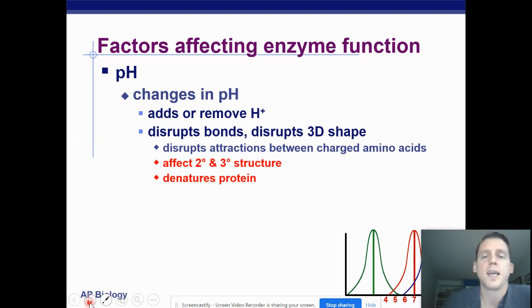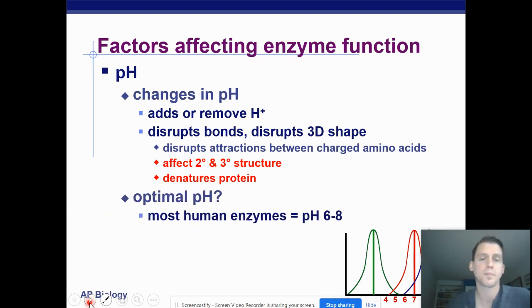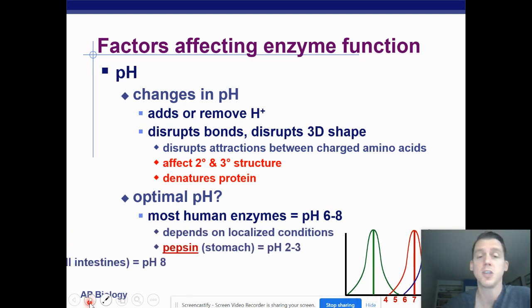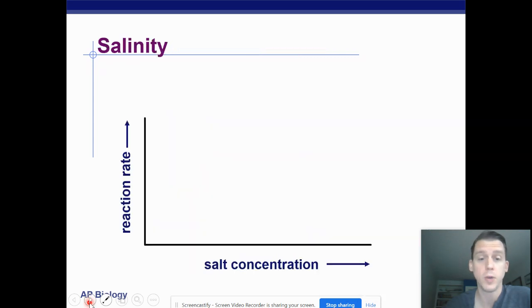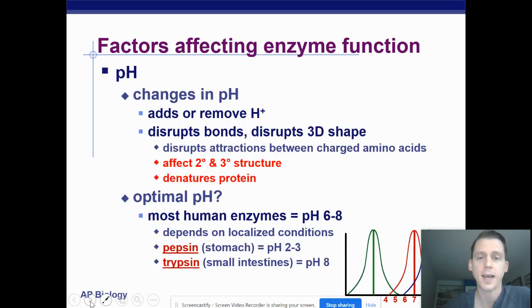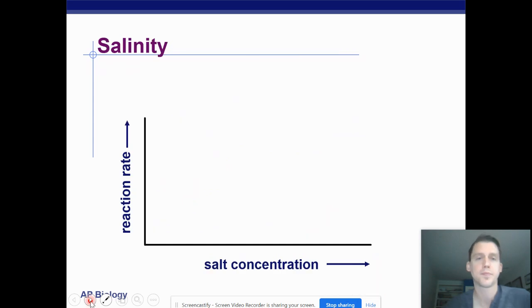It can affect the secondary and the tertiary structure, which may denature the protein. An optimal pH, again, for most humans is around 7, but on a localized basis, pepsin and trypsin are two examples that are different.